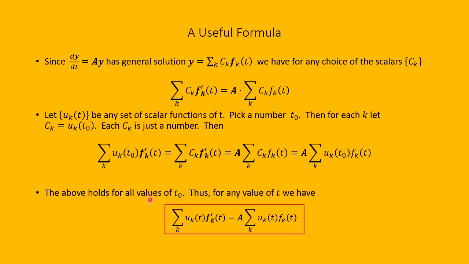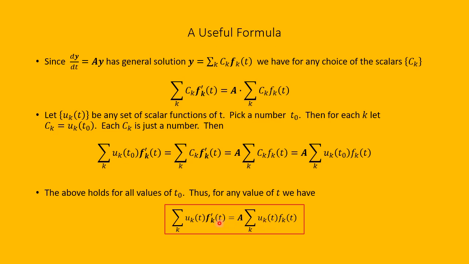And this holds for all values of t naught where these u functions are defined. So what we can then say is, let's just use a t here instead of a t naught, since this is true for any value of t in the domain of these u sub k functions. So what we end up with is the sum of u sub k of t, f sub k prime of t, the derivative of f sub k evaluated at t, is equal to a times the sum of u sub k of t, f sub k of t.